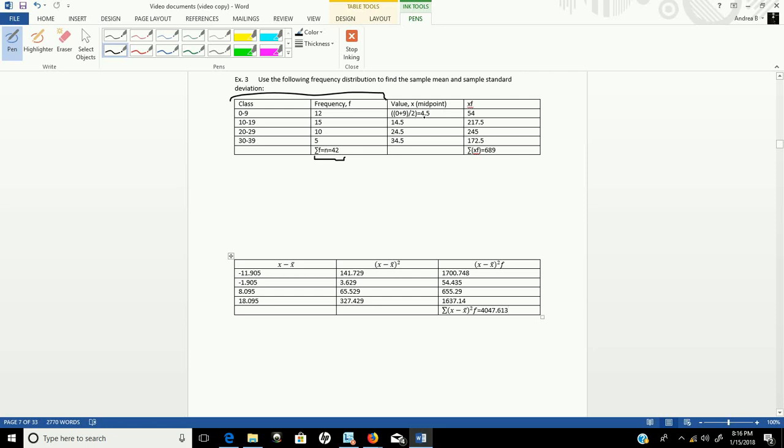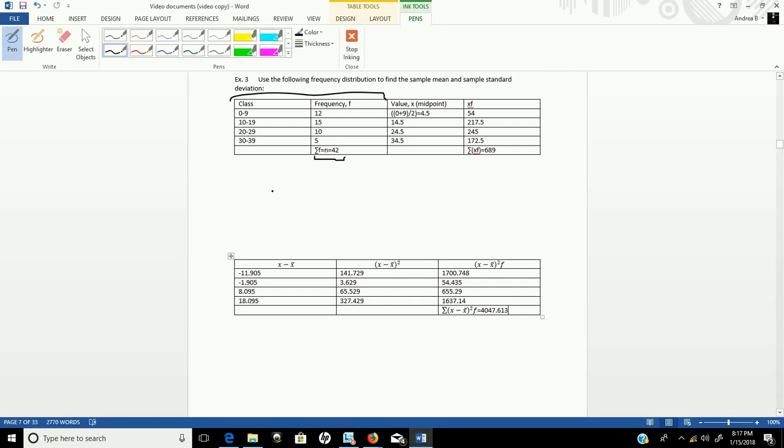So here we do 4.5 times 12 to get 54, 14.5 times 15 to get 217.5, 24.5 times 10 to get 245, and 34.5 times 5 to get 172.5. Then we add that column up once again, and we get 689.